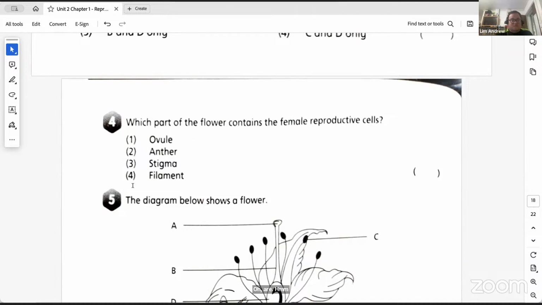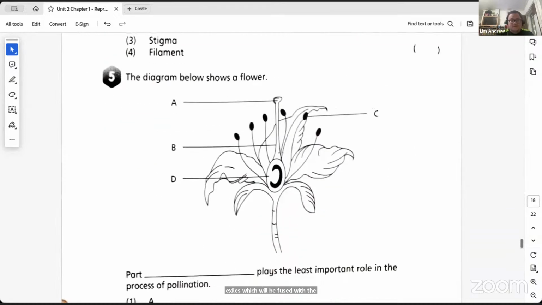Oh, 1, 2, 3. 1, correct. Thank you very much. Thank you, Lady. Yes, you're right. The ovules contain the female reproductive cells because the ovules contain egg cells which will be fused with the male cells when fertilization takes place. Let's move on.